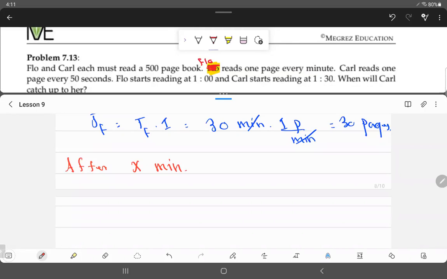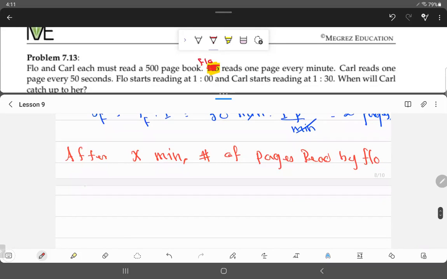After X minutes, the number of pages read by Flo, JF equals X minutes times K. We know that TF times 1, which is K, so X times 1, X pages.